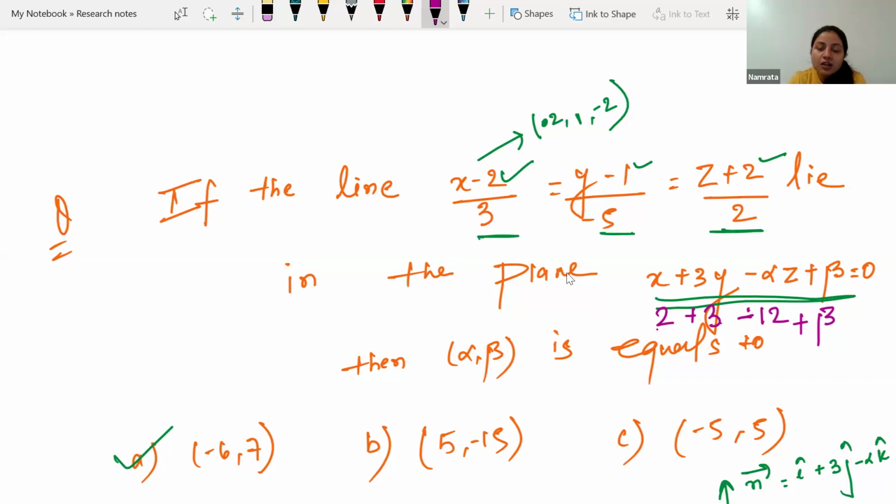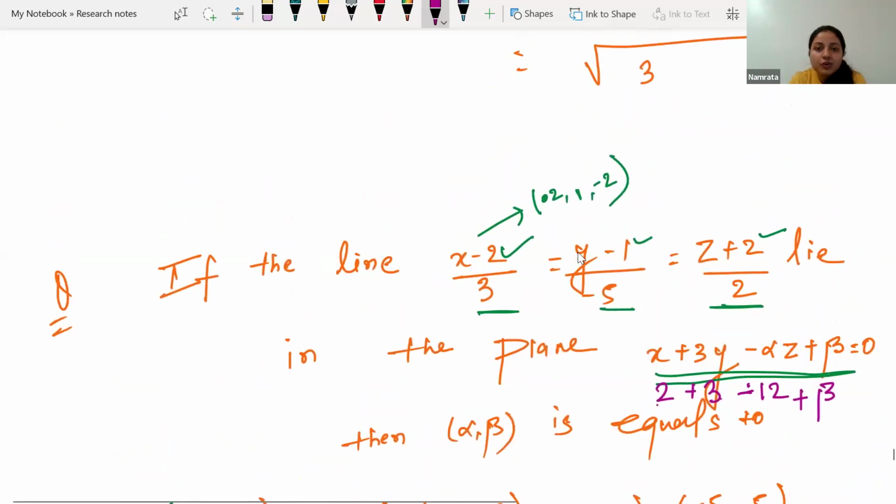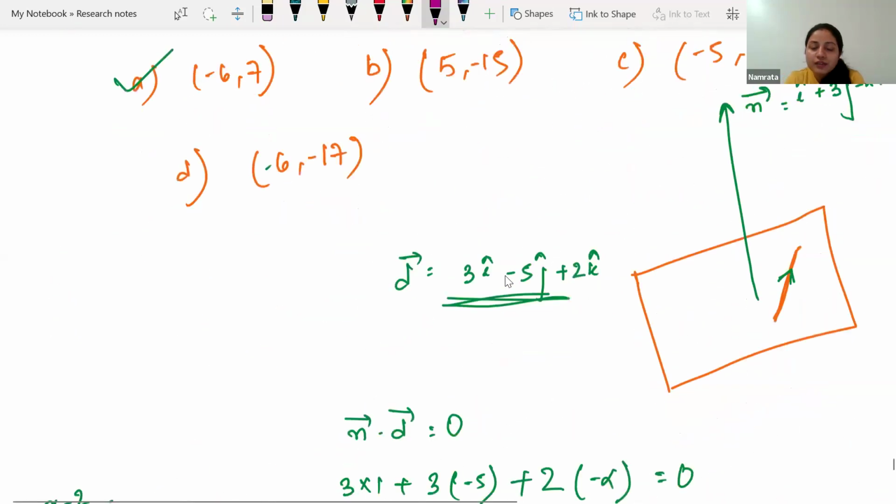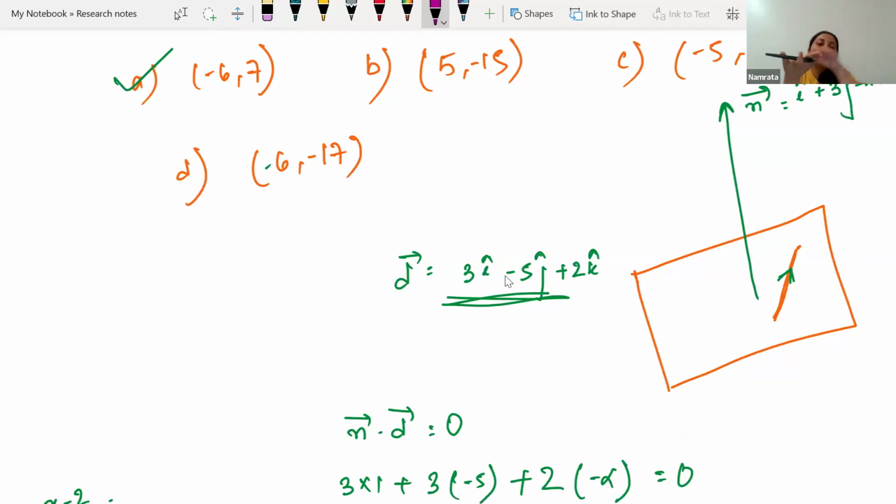Is it clear? If we have to find beta, how will we go ahead? See what we have done. We were having a plane and a line, and the line is lying on the plane. So we have just made the normal to the plane, and we are saying that the normal will be perpendicular to the line.